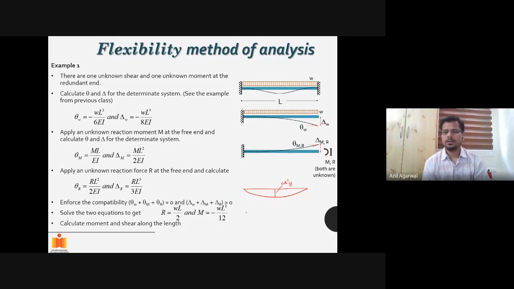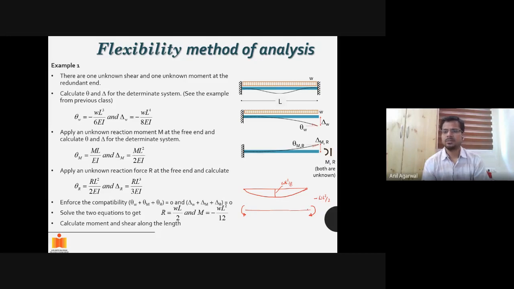Then I somehow fix it, right? But it was actually a fixed beam in reality. My starting point is simply supported, but it was actually a fixed beam. So in essence I'm applying some kind of a moment, and that moment turns out to be WL square by 12 in opposite direction, minus WL square by 12. It turns out to be this much bending moment in order to maintain the slope as 0.